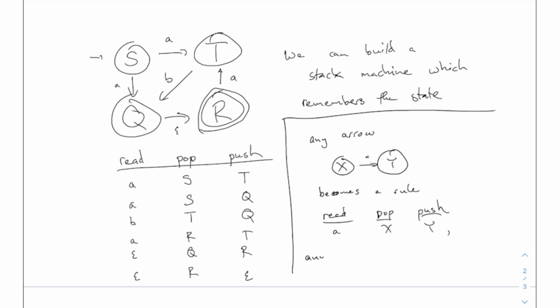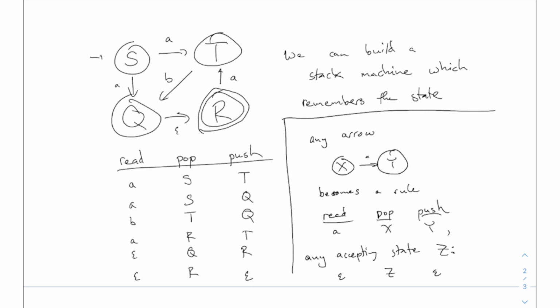And if you have an accepting state, say called Z, it becomes epsilon, Z, epsilon. If you have more than one accepting state, you put more than one rule that looks like that. And that's really all there is to it.